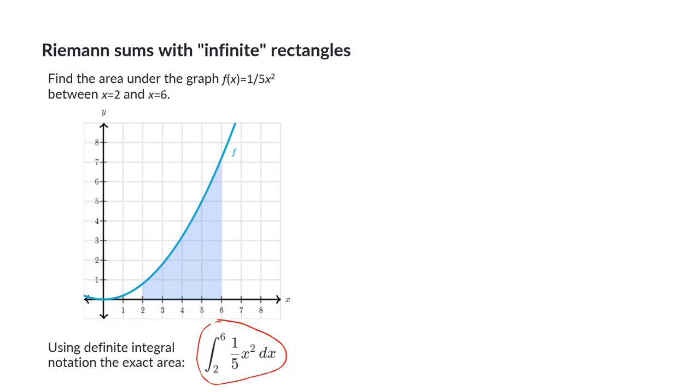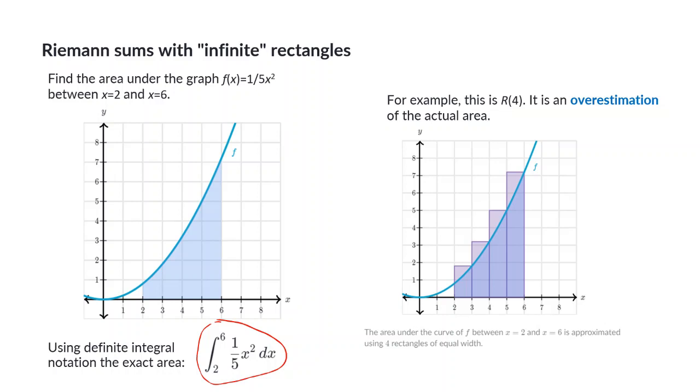dx. The first way to approach this is to make a simple Riemann approximation by, for example, doing R4, so n equal to 4. We divide the area under the curve into 4 equal rectangles.